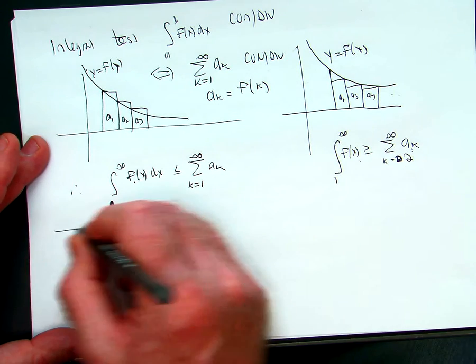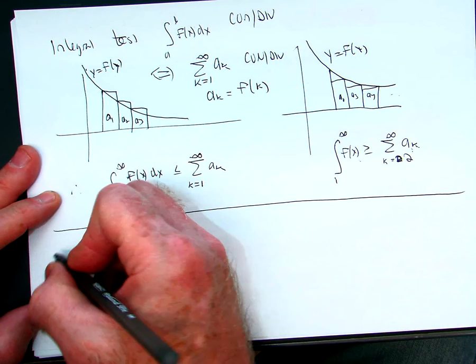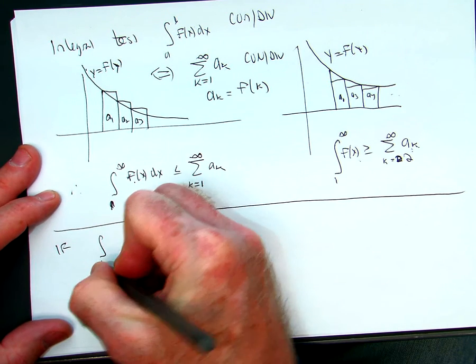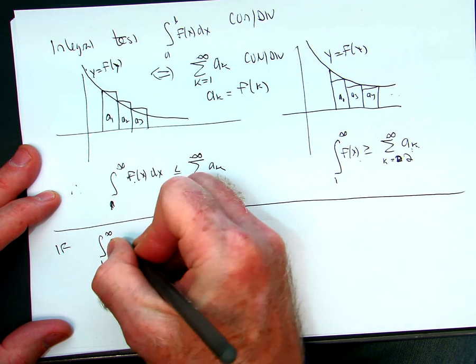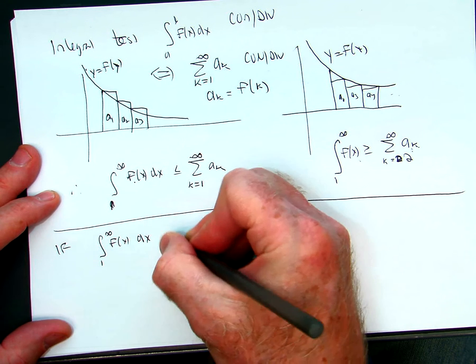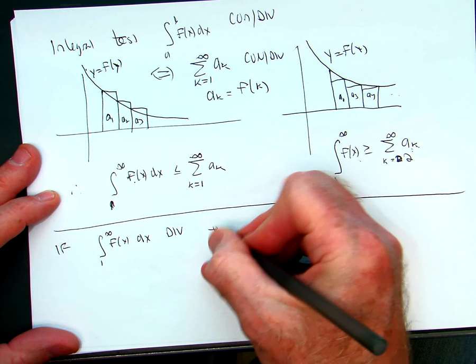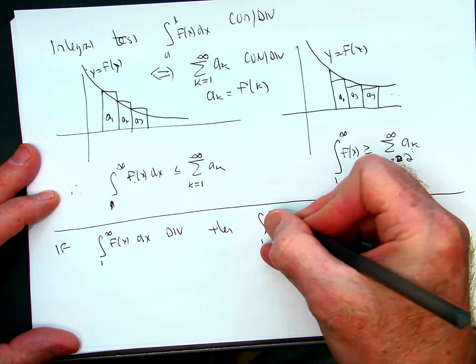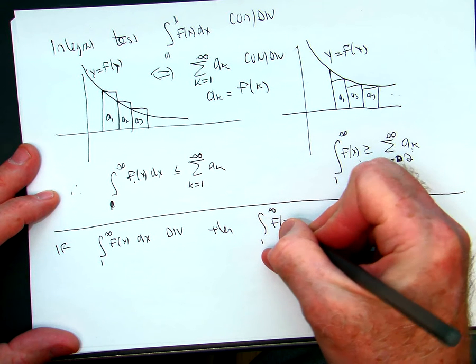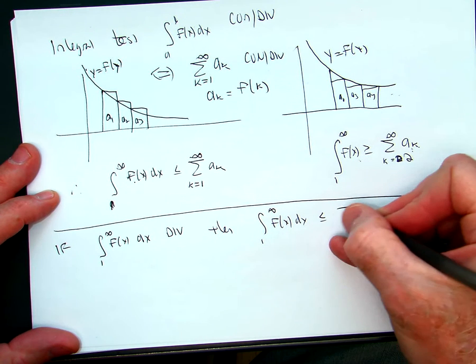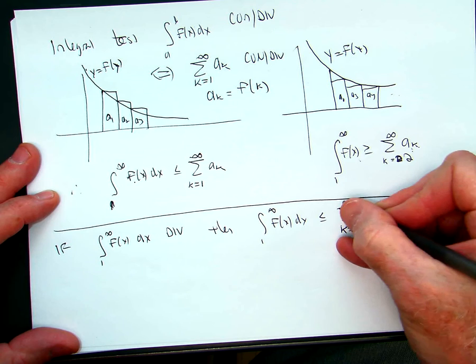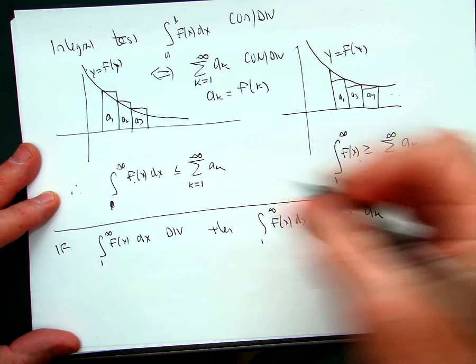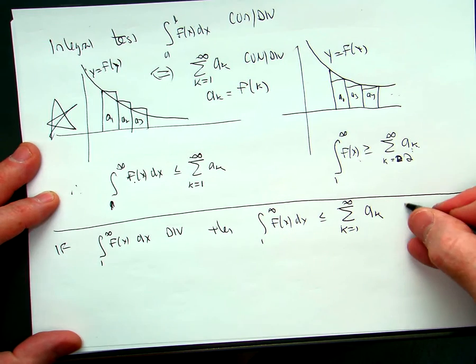Okay, so basically, here's what you say. So if this integral diverges, then this is going to be less than the series starting at 1. I'm going to call this picture star.